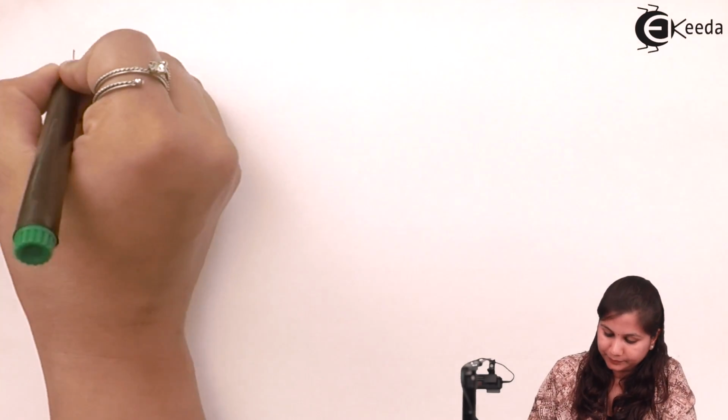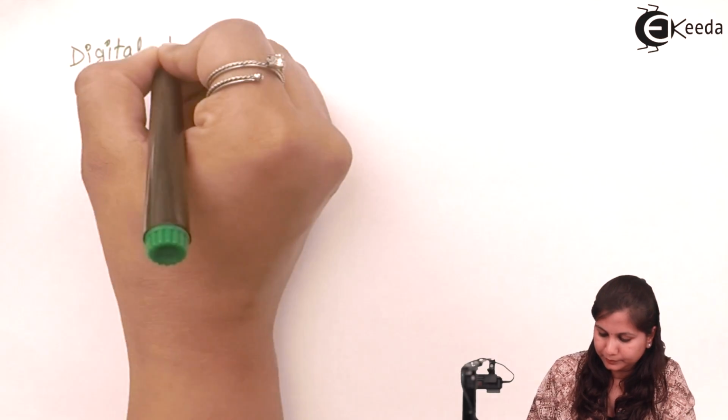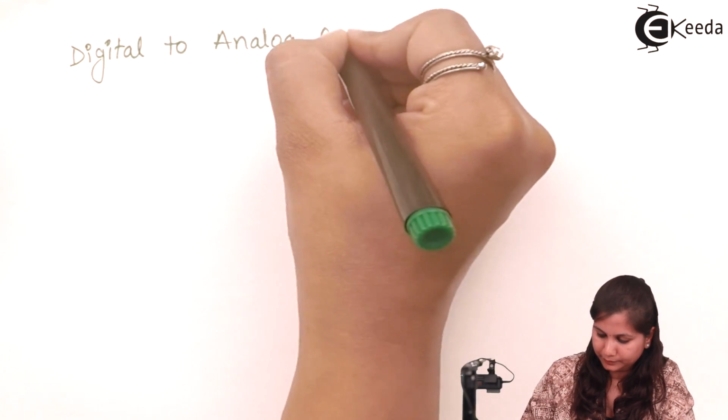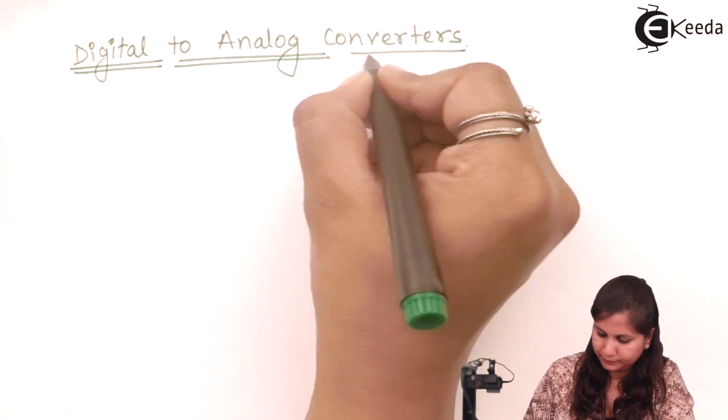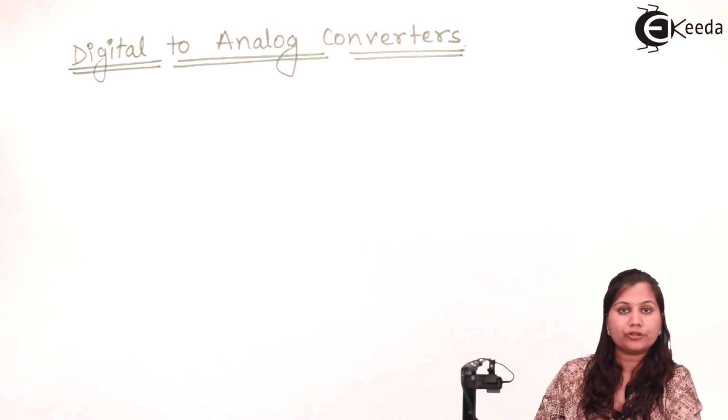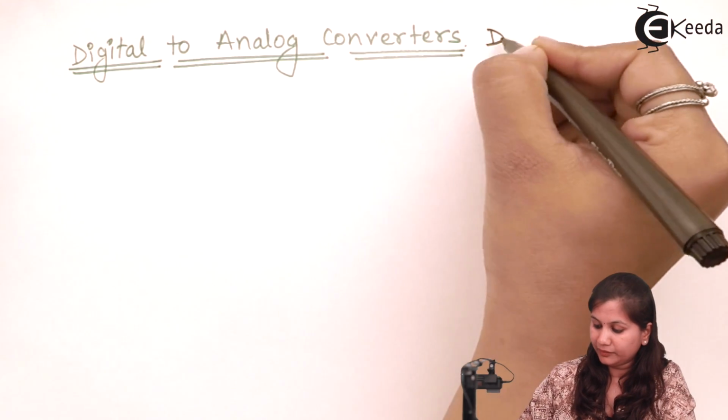So let us first start with the digital to analog conversion, that is, how a digital signal is converted into an analog signal. What is the function of these D to A converters?